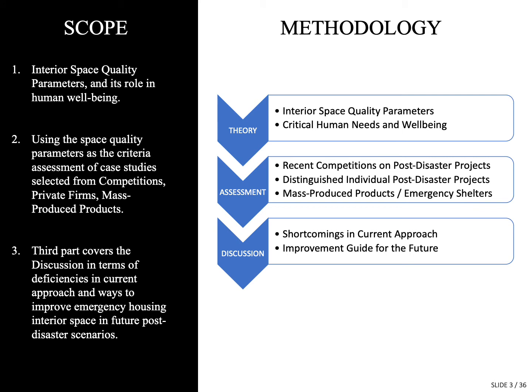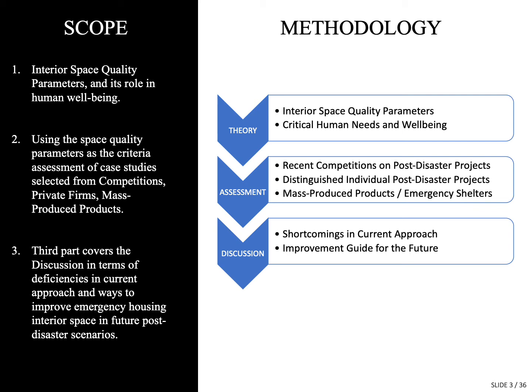The first part of the thesis deals with interior space quality parameters from the literature sources, including book chapters, articles, research papers, publications, and web pages. The second part of the thesis involves the assessment of different case studies sourced from competitions, private firms, and mass-produced products.